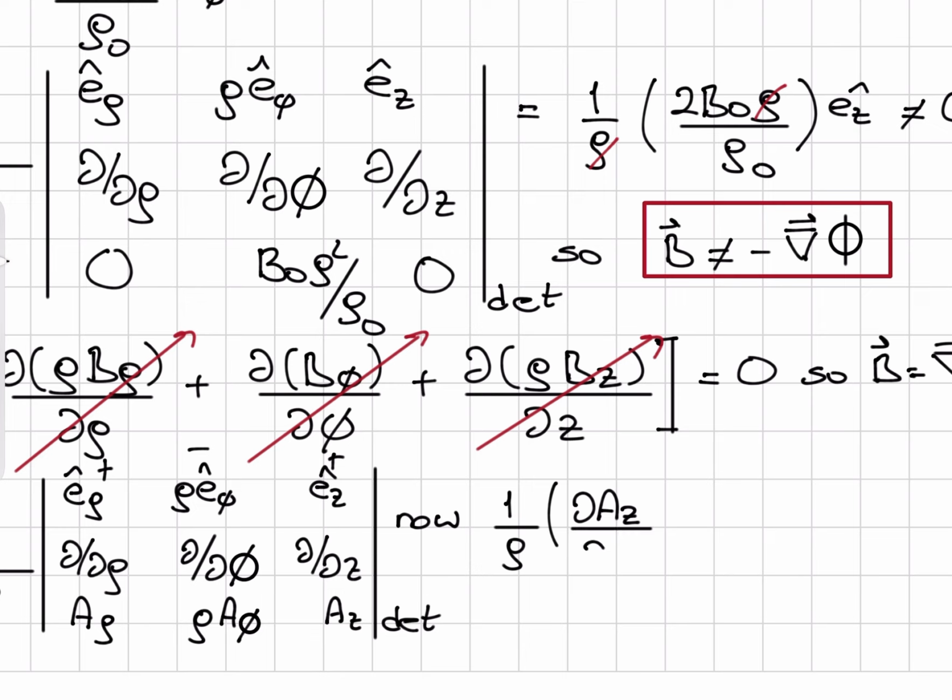Del z of A rho, so del A rho del z, minus del rho of A z.